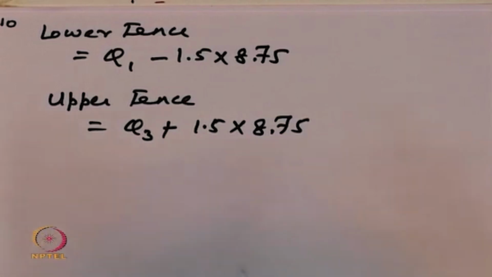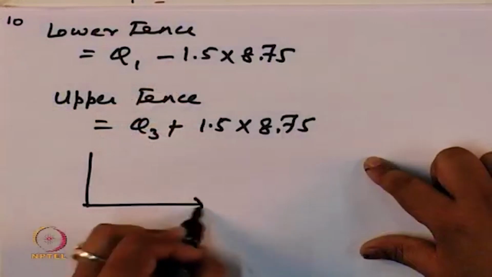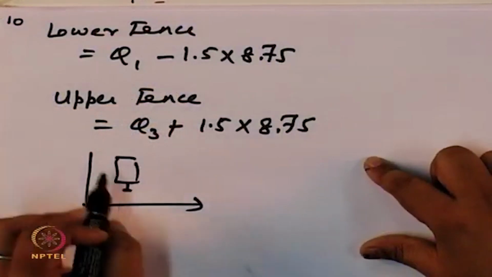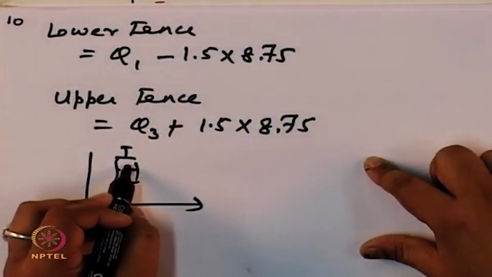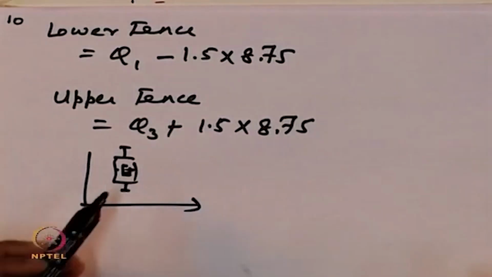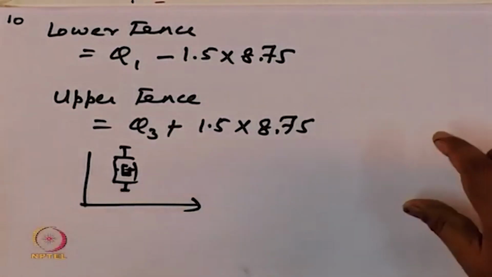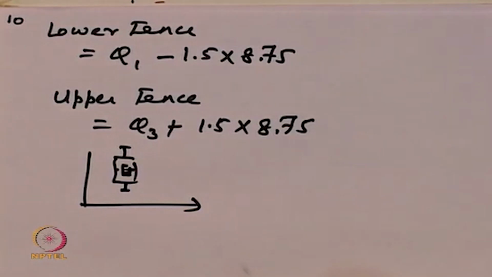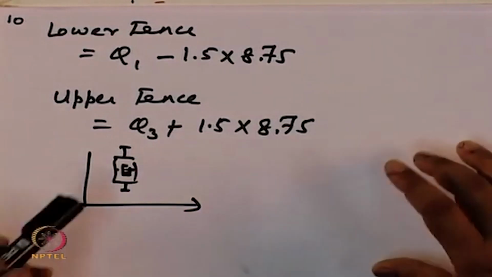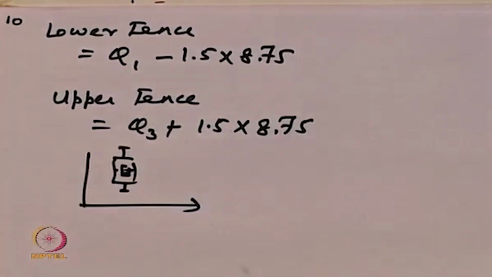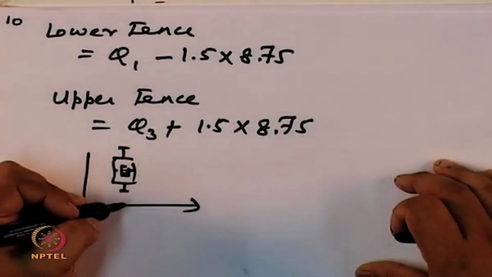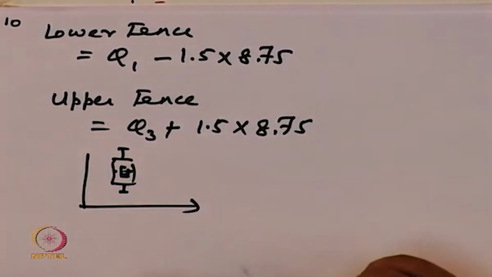So most of these points will lie inside your plot, and your box plot, if you plot it, will probably look something like this. Since each of these values is only repeated once, your mean and median will be very close to each other, and your error bar will encompass all the points, because none of the points lie outside.